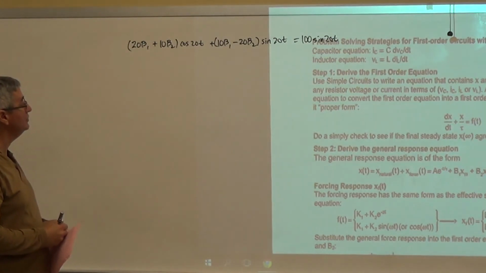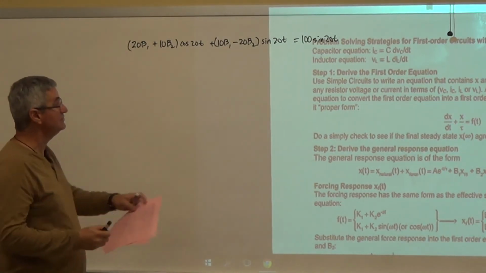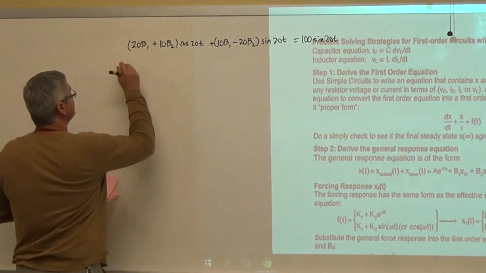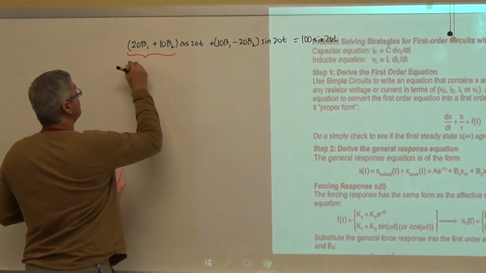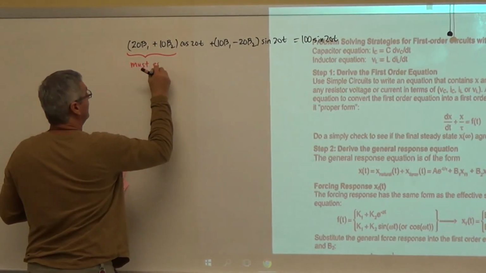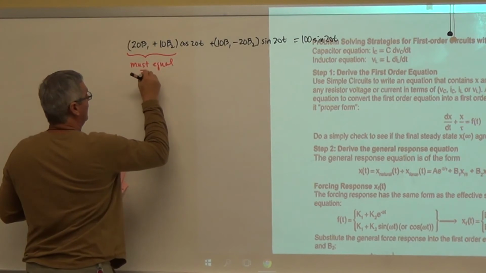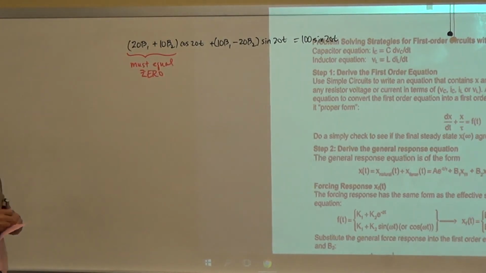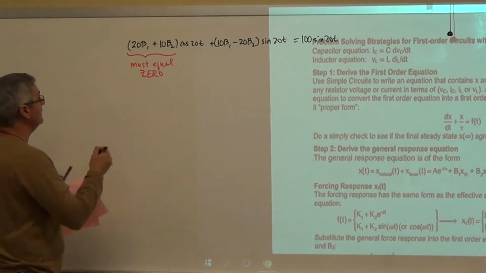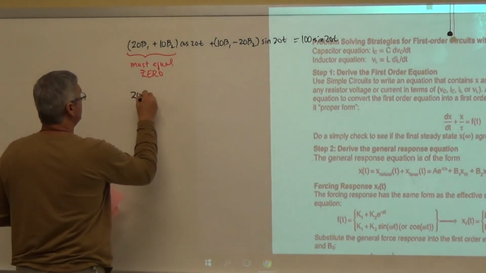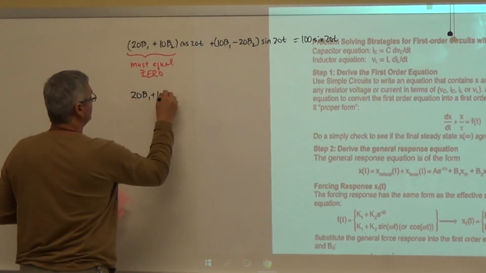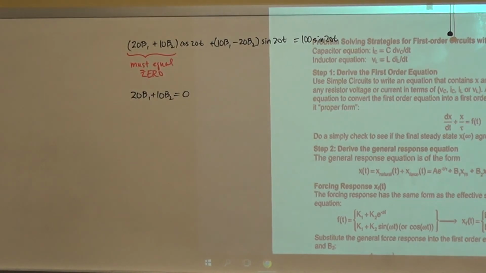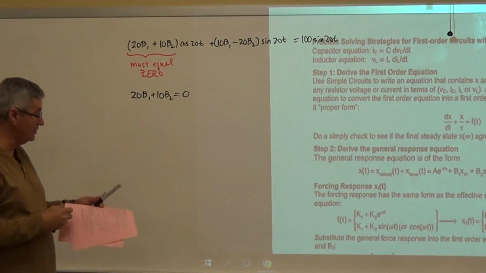So since there is no cosine term over here, this guy right here must equal 0, because there's no cosine on the other side. So immediately I can write an equation that says 20b1 plus 10b2 has to equal 0. Otherwise it doesn't make any sense. That's the only way you can have that.